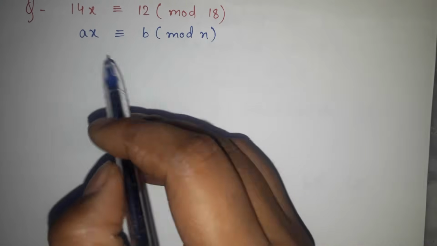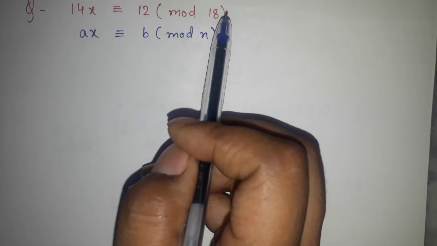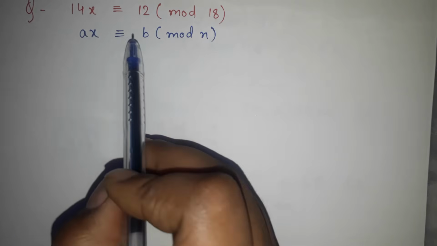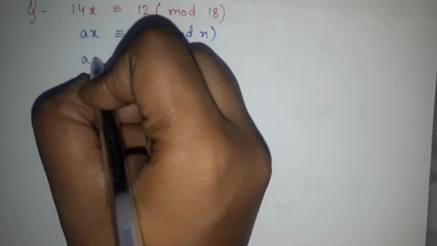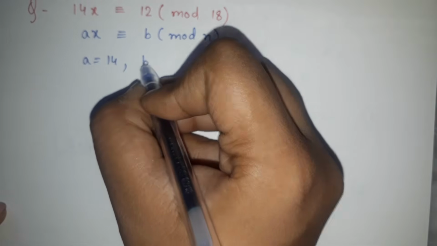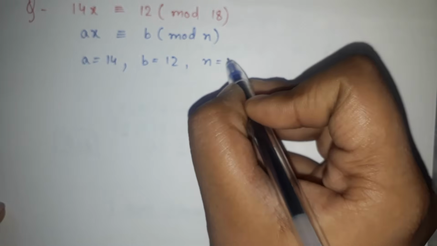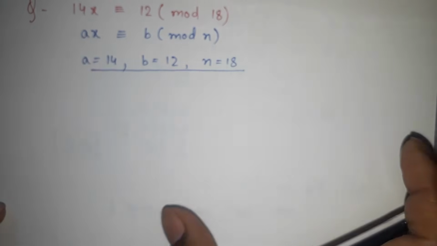The first step is comparing the given equation with the general format, ax is congruent to b mod n. Comparing, we get that the value of a is 14, the value of b is 12, and the value of n is 18.